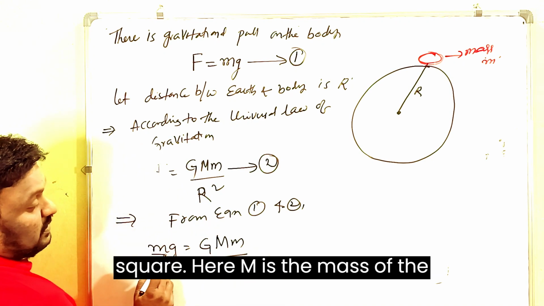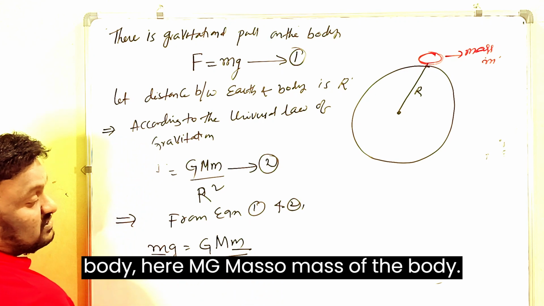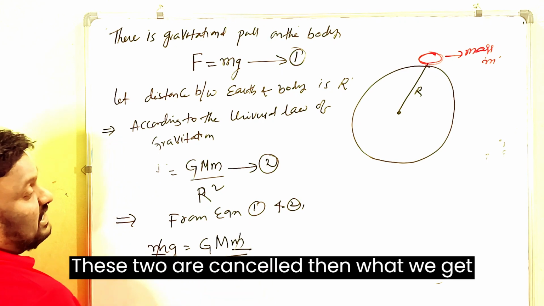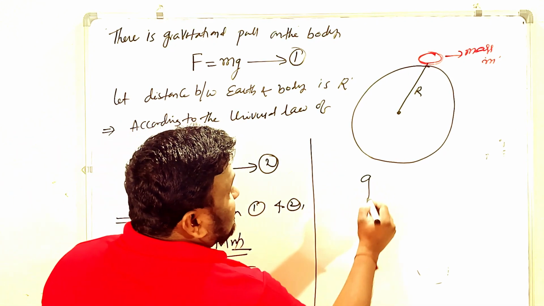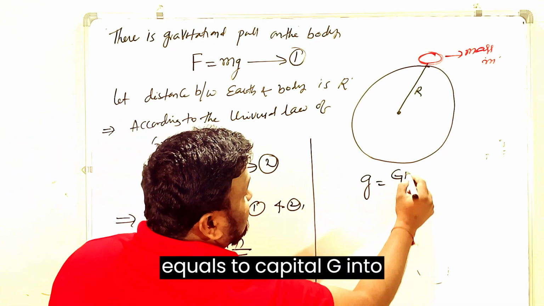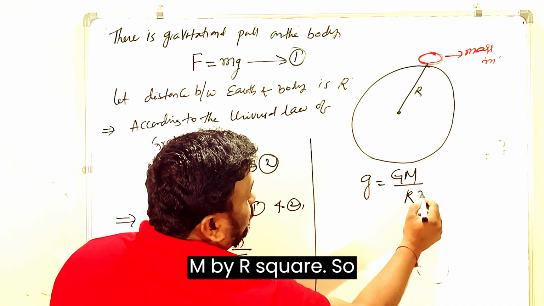The left-hand sides are equal, so we can equate the right-hand sides also. Here m is the mass of the body and in mg also m is the mass of the body. These two cancel. Then what we get, children? g is equal to capital G into M by R square.